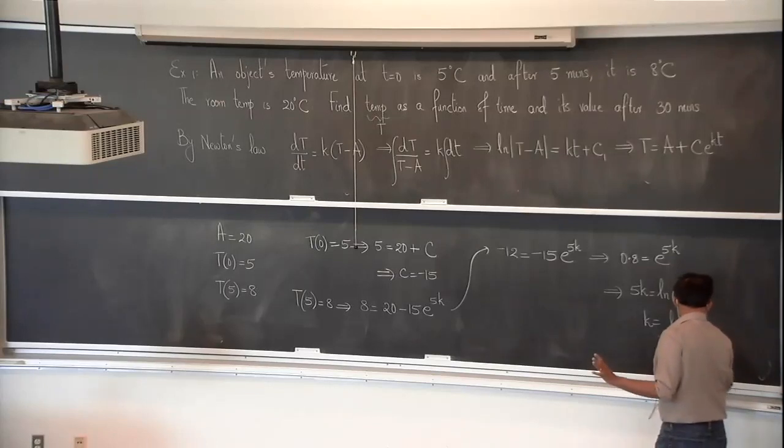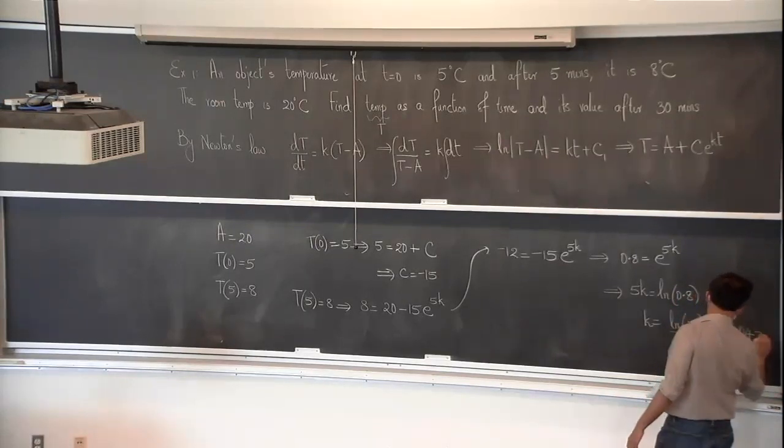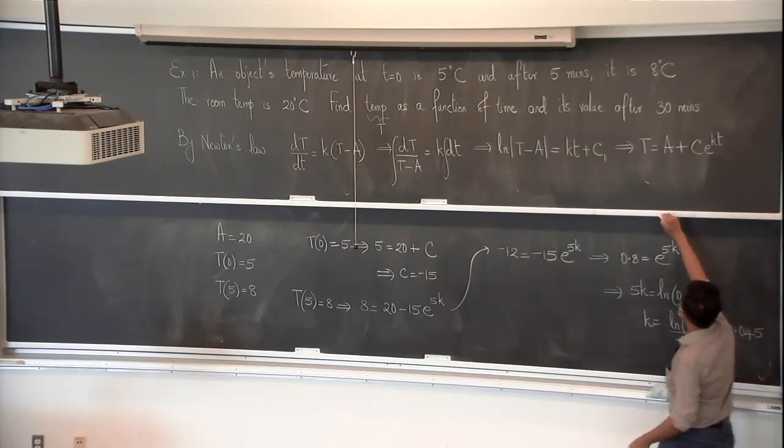Just need 2 or 3 decimal values. Negative 0.045. Okay, that's good enough. You don't need to give 15 more values after this; it's not going to do any favor. So all right, we have everything now. We have C, we have K, we have A. We have a complete expression now for the temperature at t.